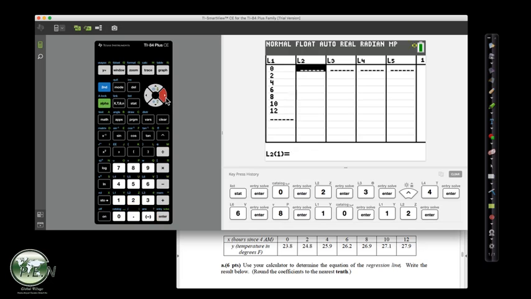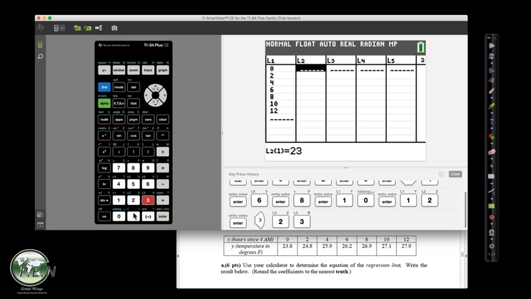We arrow over, and now we'll put in our list 2, which is our y values. 23.8, enter.